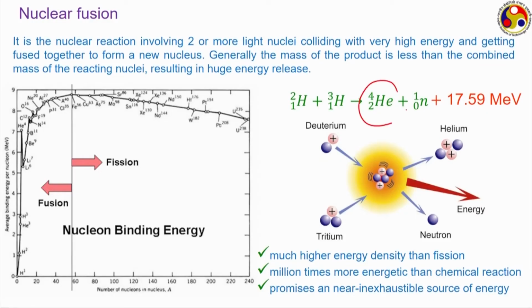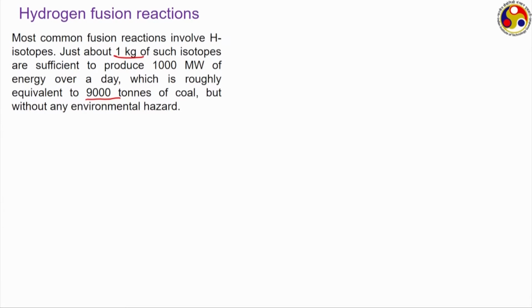Just go back to the previous slide. Here your product is helium, which is an inert gas that has quite a bit of use in different heat transfer applications as a coolant, but it is definitely environment friendly. Hence this fusion reaction, quite similar to nuclear fission, is a completely clean form of energy from the environmental pollution point of view.